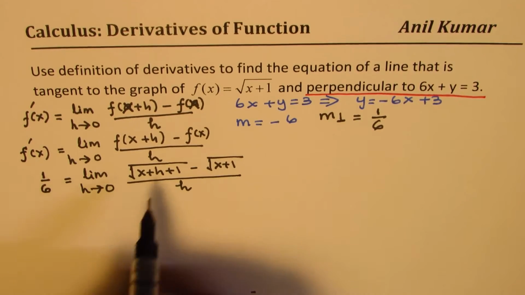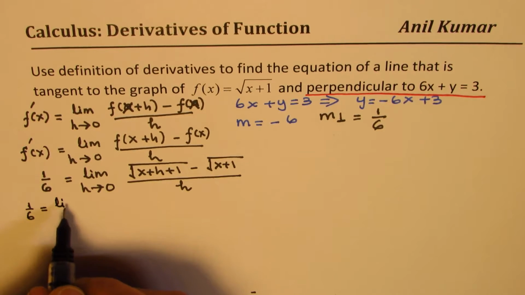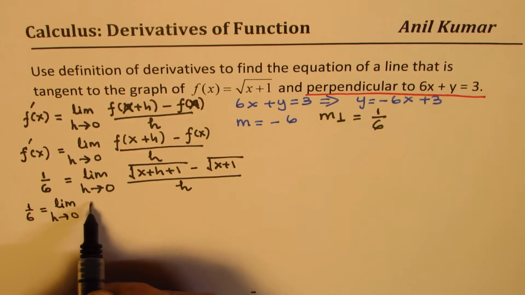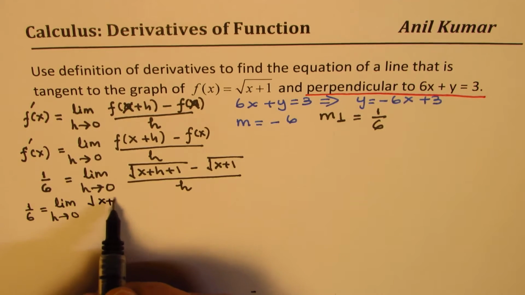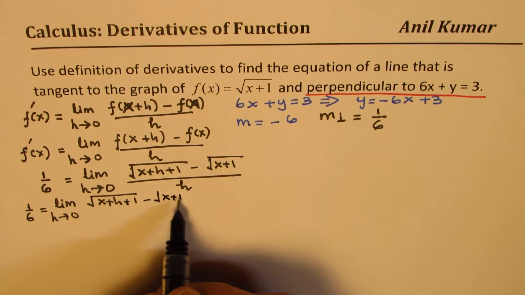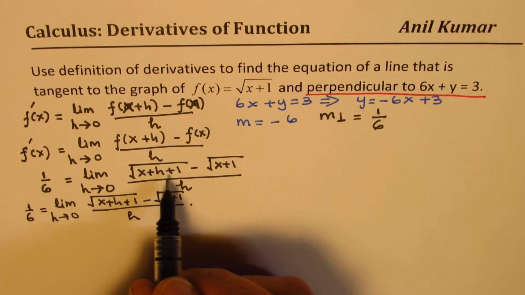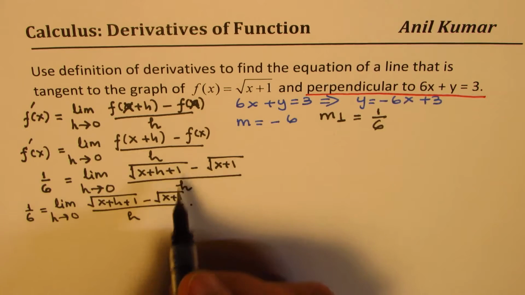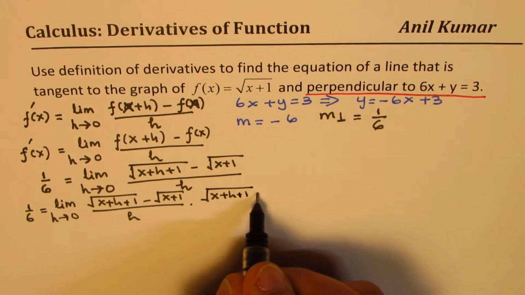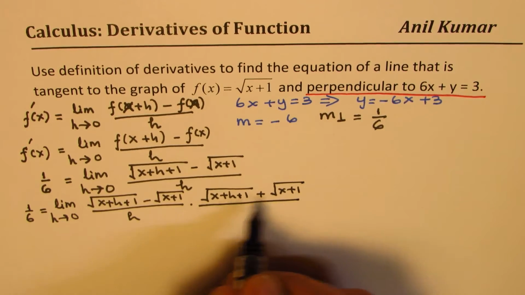We should rationalize the right hand side. So what we get here is 1 over 6 equals limit h approaches 0 of square root of x plus h plus 1 minus square root of x plus 1 over h. To rationalize means to multiply and divide by the conjugate of the numerator, which is square root of x plus 1 plus square root of x plus 1, divided by the same thing.